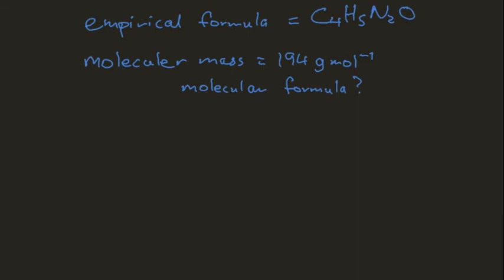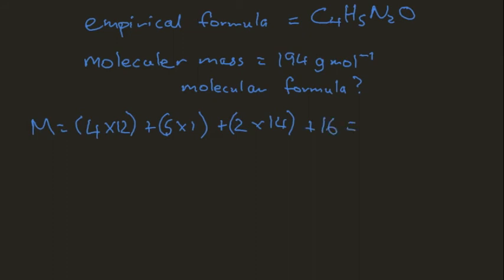First thing we need to do is take our empirical formula and work out what its molar mass is. So the molar mass is 4 times 12, plus 5 times 1 for hydrogen, plus 2 times 14 for nitrogen, and plus our 1 oxygen, 16. And if you do the math on that, you work out it equals 97 grams per mole.